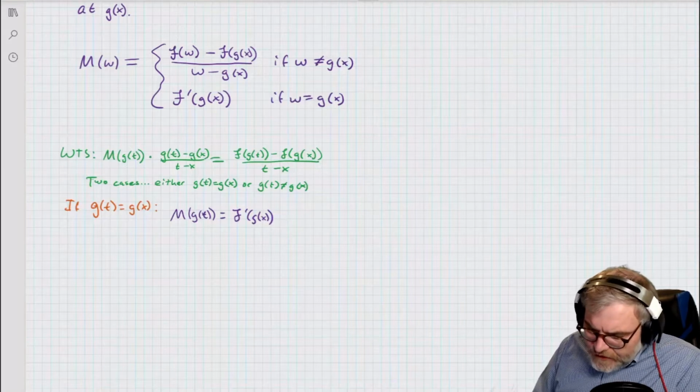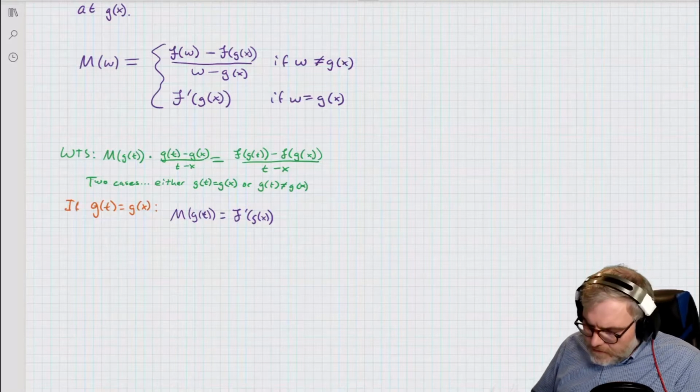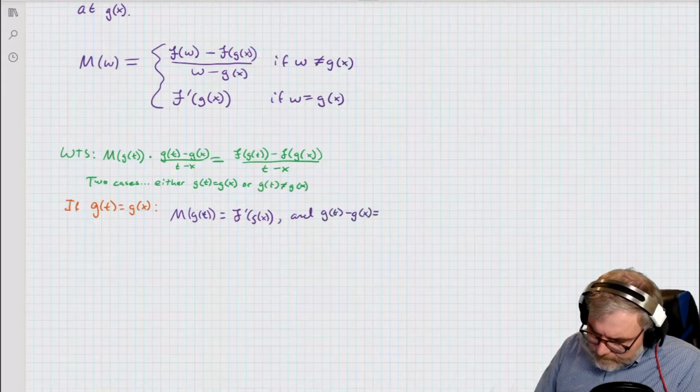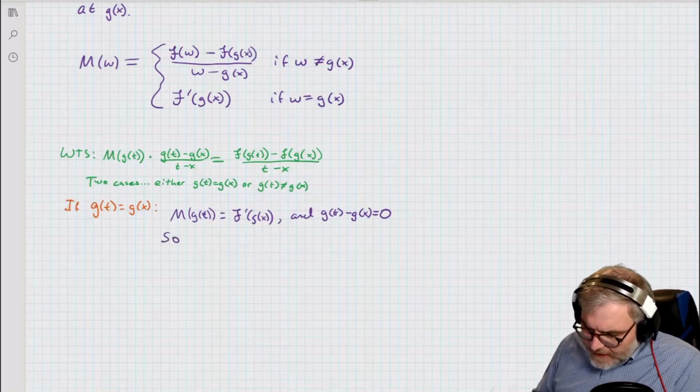And that's good. But if g of t equals g of x, notice that the second term here is actually 0. So this left-hand side here is actually going to equal 0.